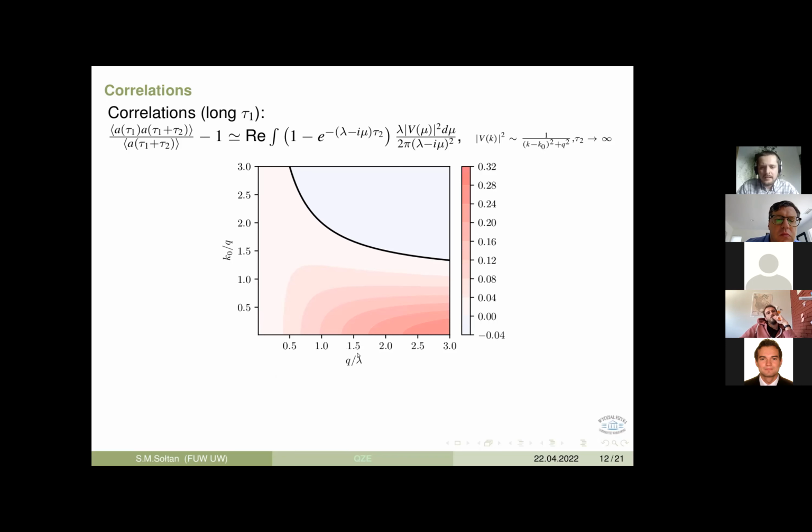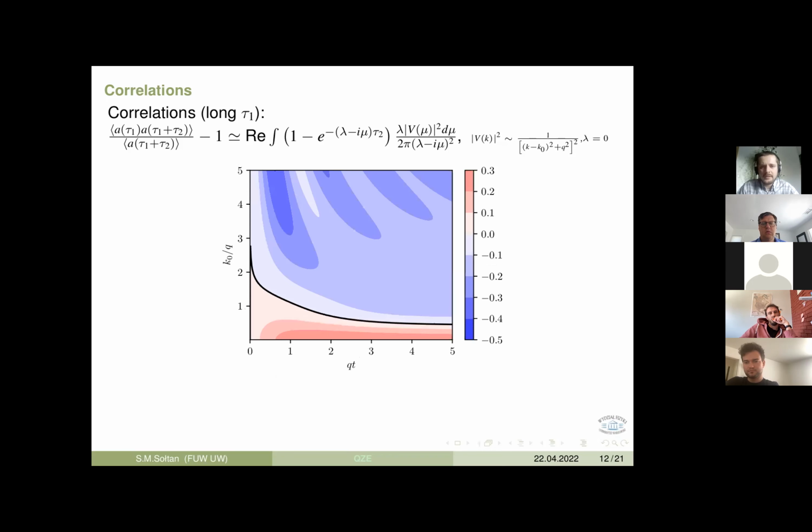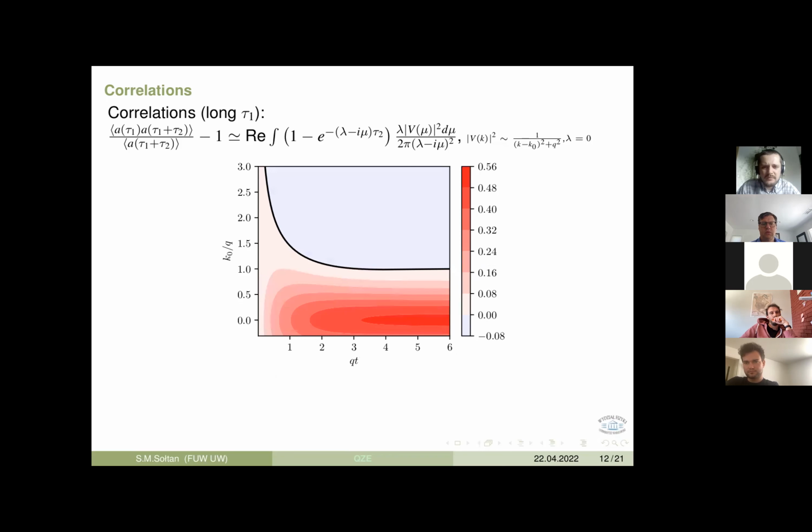Anyway, that 1 over lambda, the inverse of the strength of the measurement, is somehow similar to the time between measurements in the case of repeated measurements. So it may be interpreted as a sort of reaction time of this whole measurement apparatus for the changes in the system. Yeah, I think that these two or three things are worth taking as a message home.